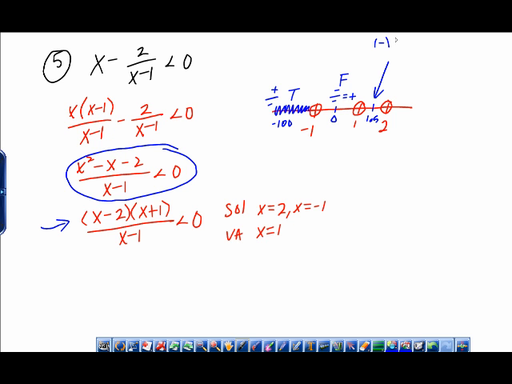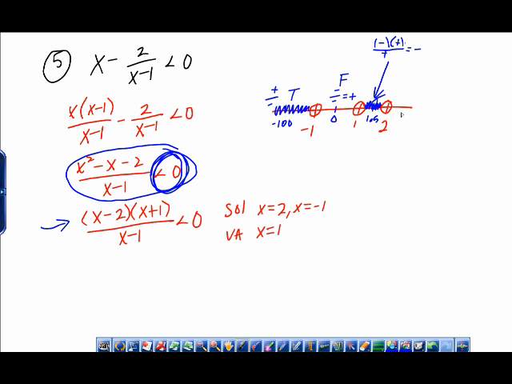So a negative times a positive over a positive, which is in turn going to give me a negative, which is true because we're looking for less than 0. And so we do shade right here.